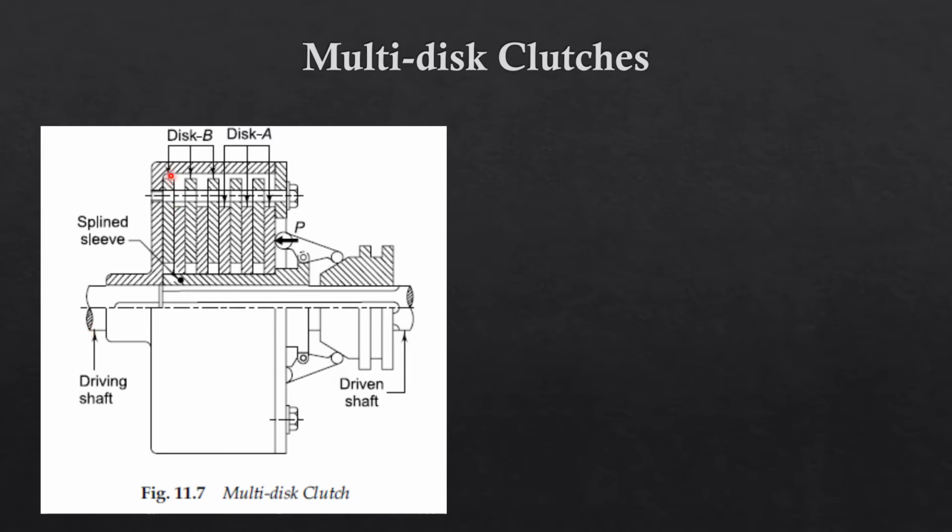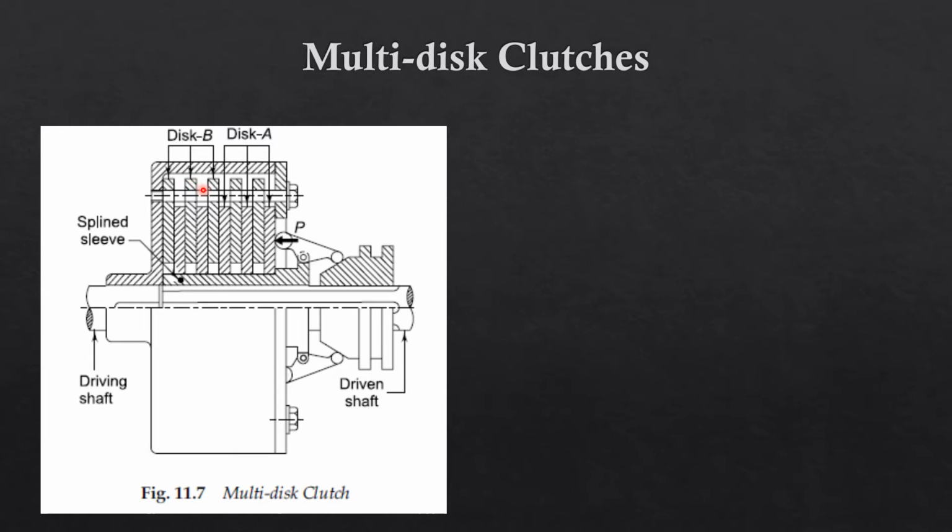Disc B are held in place by the bolts that you see here, bolts that pass through disc B and are fixed onto the outer drum. So when the driving shaft turns, it causes this drum to also turn, and since disc B are fixed onto the drum, they will also rotate.